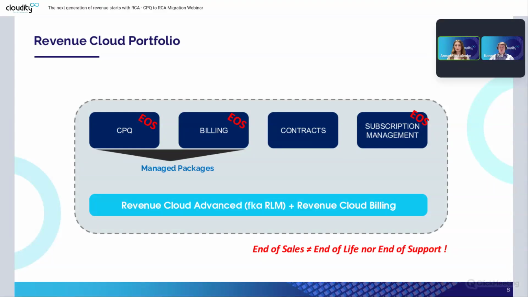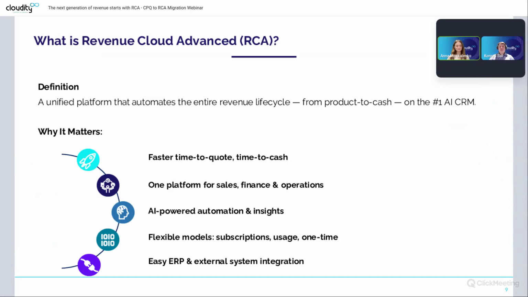So to talk a little bit more about what RCA really is, I can give the stage to Konrad. And yeah, please tell us more. Yeah, thank you, Ania. So in general, what is Revenue Cloud Advanced? It's one unified platform where you are able to build the entire revenue lifecycle. So why does it matter for you?